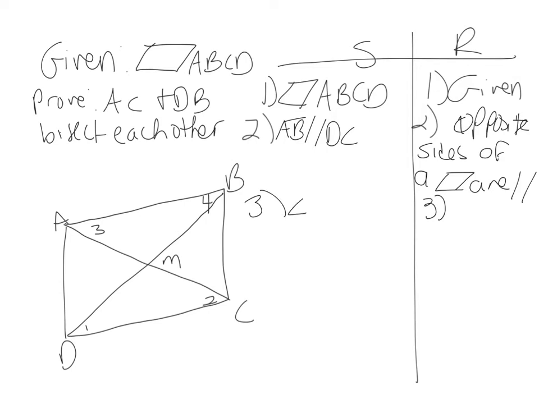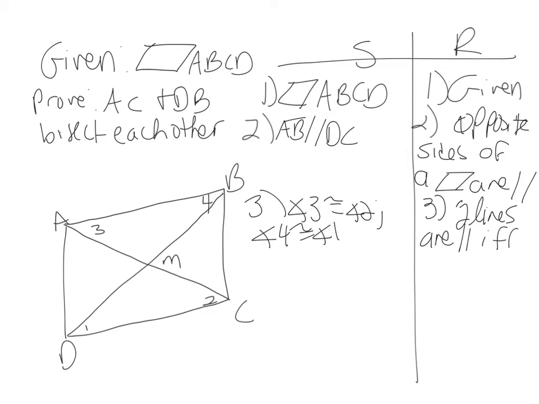Which then opens the door to saying angle 3 is congruent to angle 2, and angle 4 is congruent to angle 1. Two lines are parallel if and only if alternate interior angles are congruent. Okay, so now I've got this.